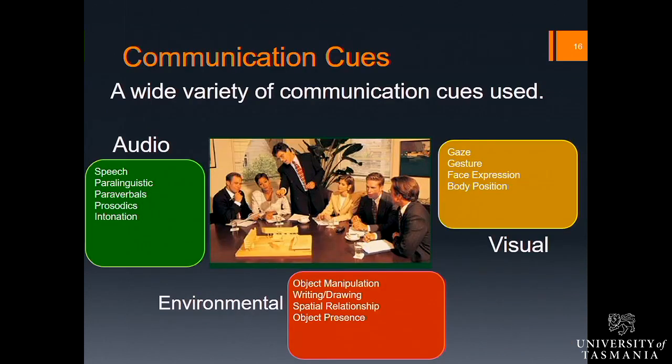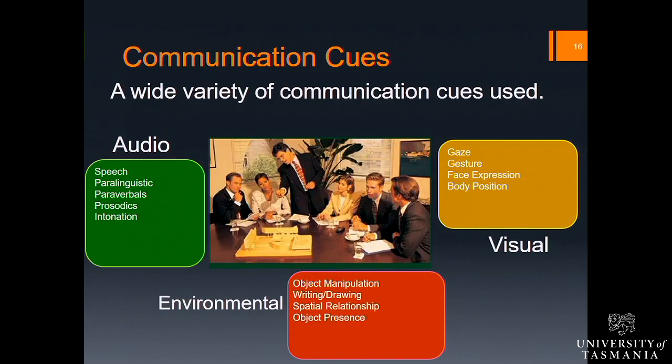Now, face-to-face is very simple. Here you have three components: audio, environmental, and visual. This is a typical meeting room, where you're sitting, looking at an object of interest, in this case an architecture design.